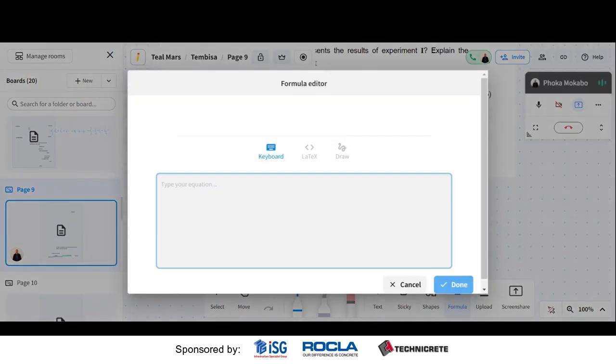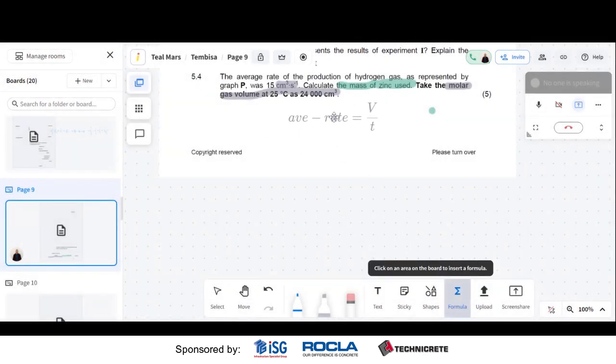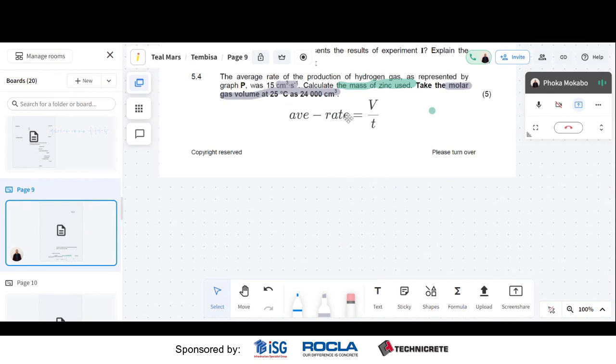Now, what you then say is, you're given that your average rate is equal to delta V over T, right? Your average rate is given as that, which is okay.